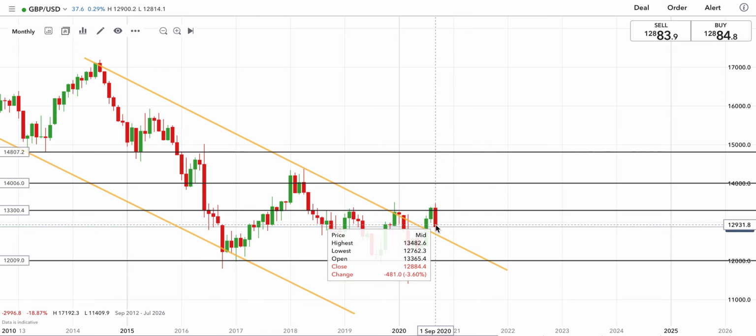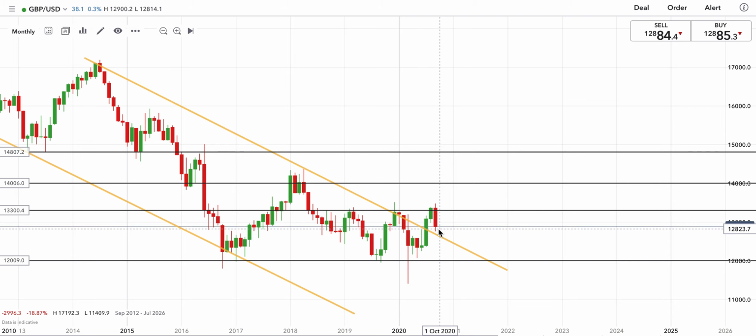This, we would attribute to the negativity surrounding the Brexit talks and the increased probability of a no-deal scenario. Investors are taking a very much risk-off approach to sterling, and dumping their sterling in favor of the more safe haven dollar, which is partly to be expected.